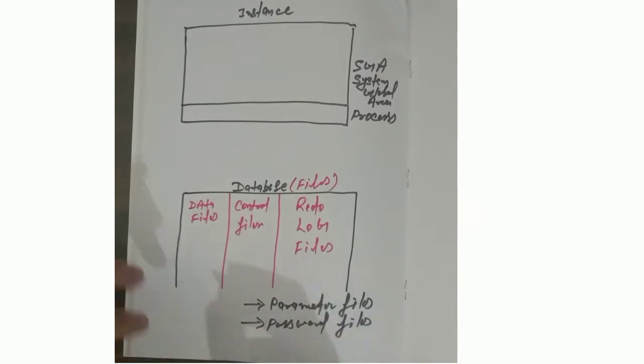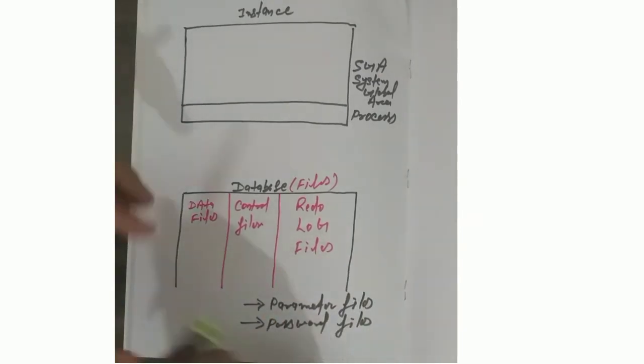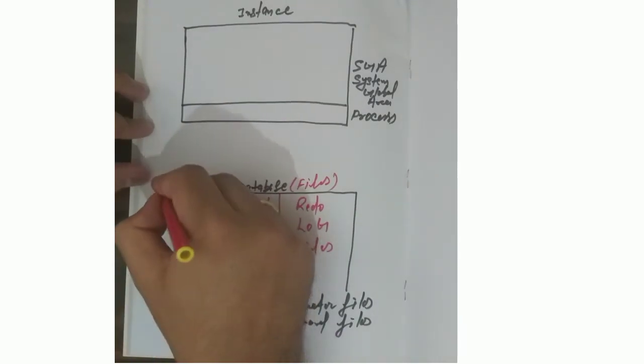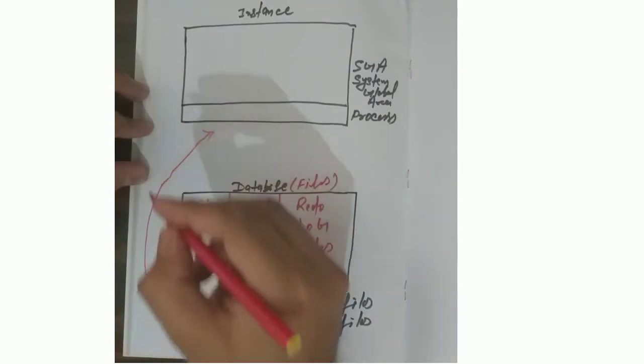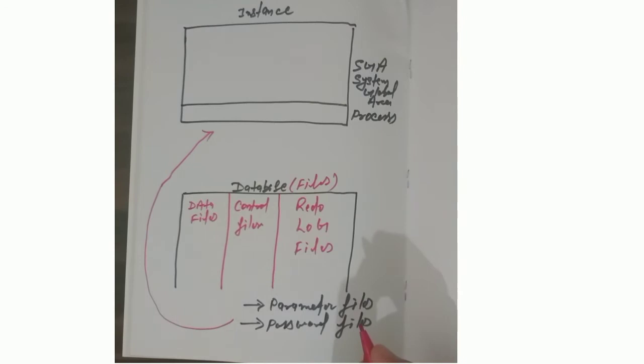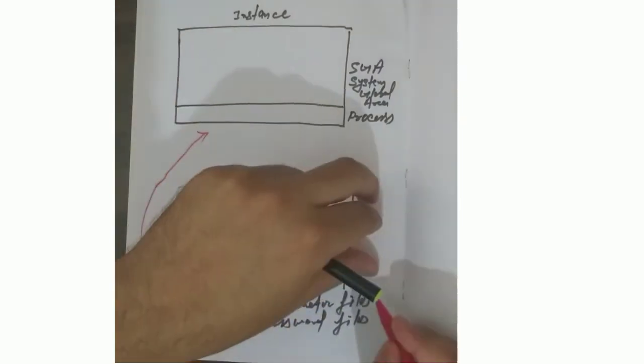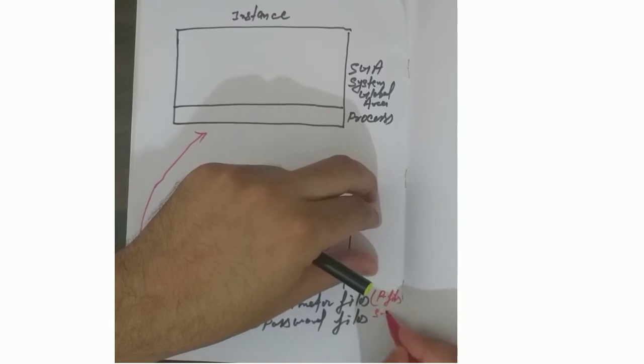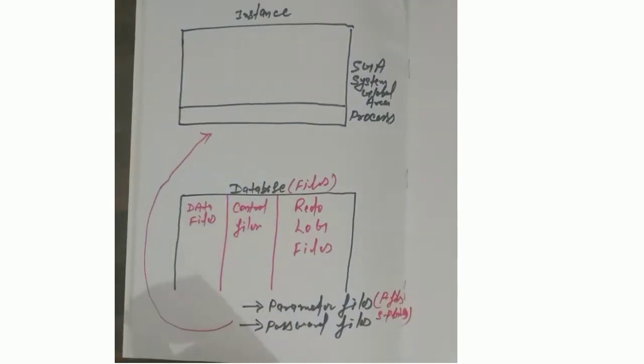So two types of files, basically used for starting the Oracle instance. The parameter file is also known as the PFILE and SPFILE.